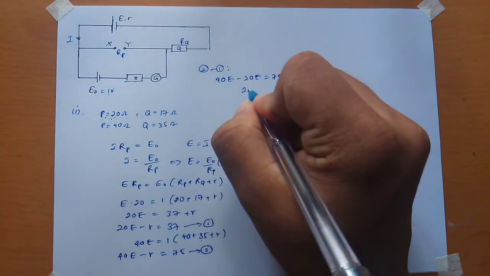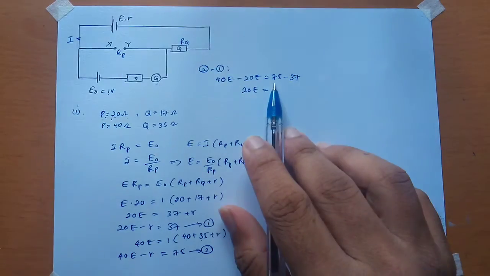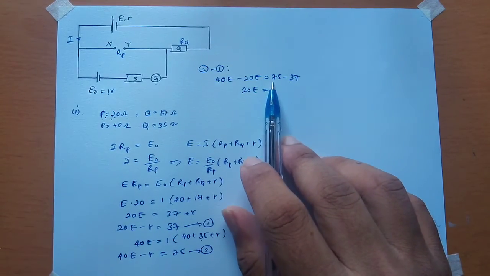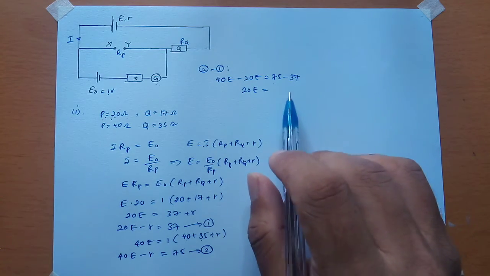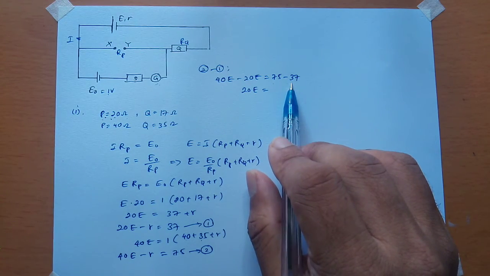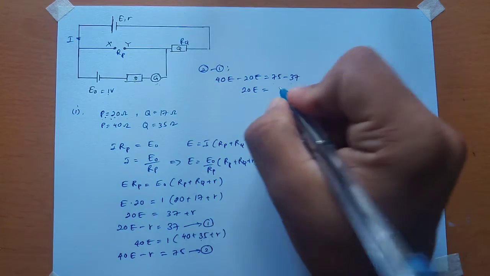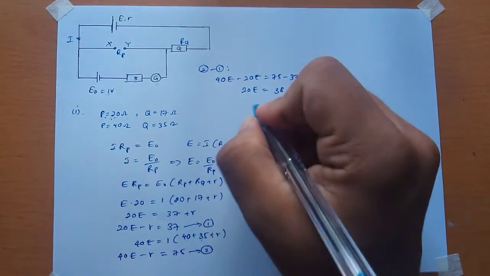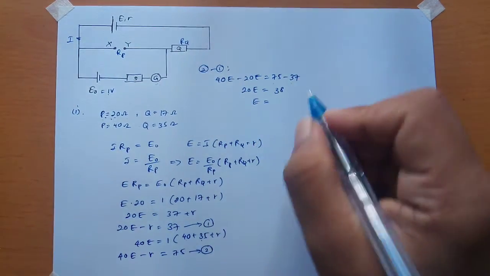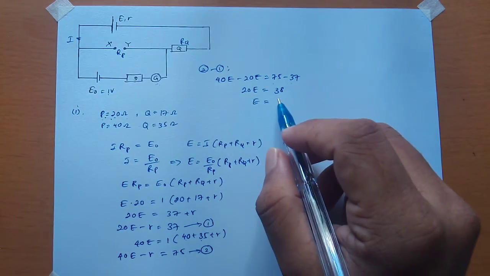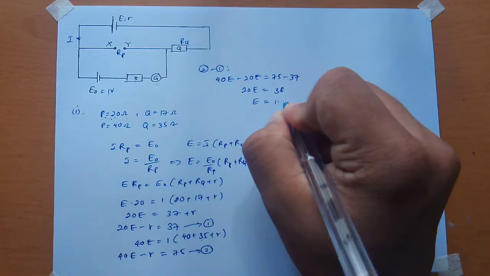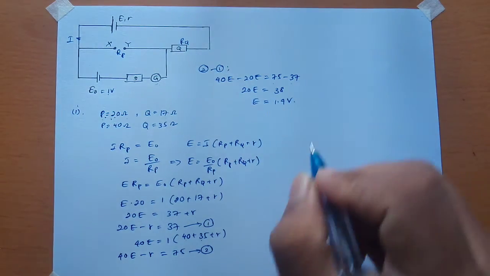So 20E equals 38. So E equals 38 divided by 20, which is 1.9 volt.